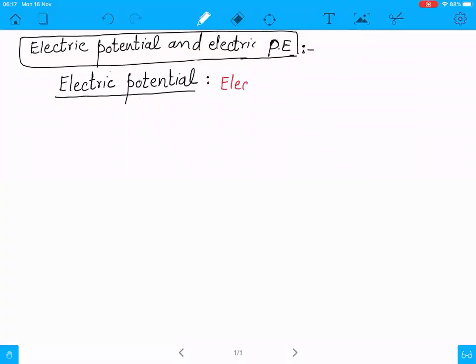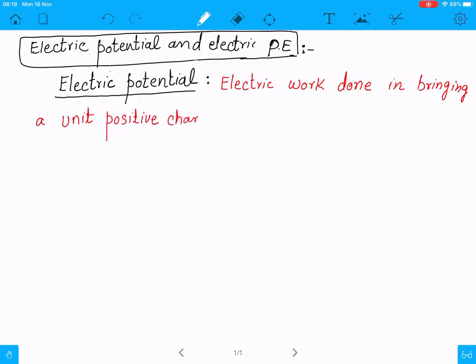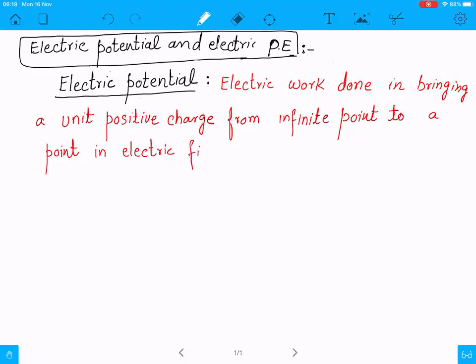it is electric work done in bringing a unit positive charge from infinite point to a point in electric field.